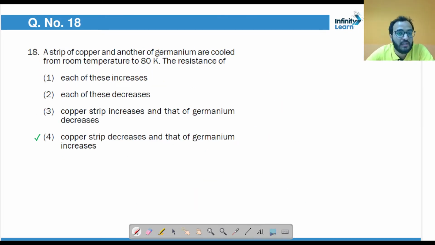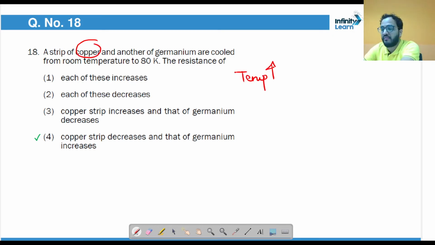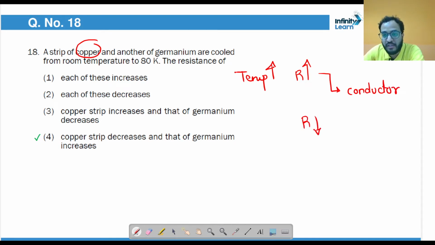Now 18. See, copper is a conductor. Whenever you increase temperature, resistance increases for a conductor, but resistance reduces for a semiconductor.